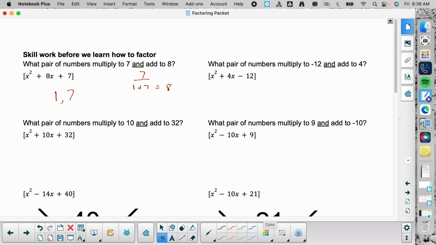Okay, we are going to write down all the ways to multiply to negative 12. So, generally start with 1 because that always works. 1 and 12. Now, how do we multiply to make a negative number?